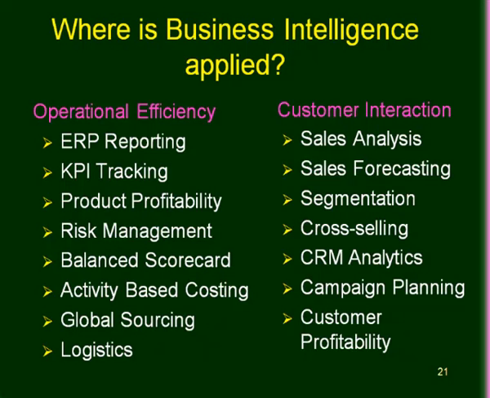Balanced scorecards provide a consolidated view of the business. Segmentation is basically used to cut the data by the key dimension. Risk management, activity planning, campaigning, etc. They are all applications where we can use BI. Key performance indicators tracking is also possible. Sales analysis, sales forecasting, etc.